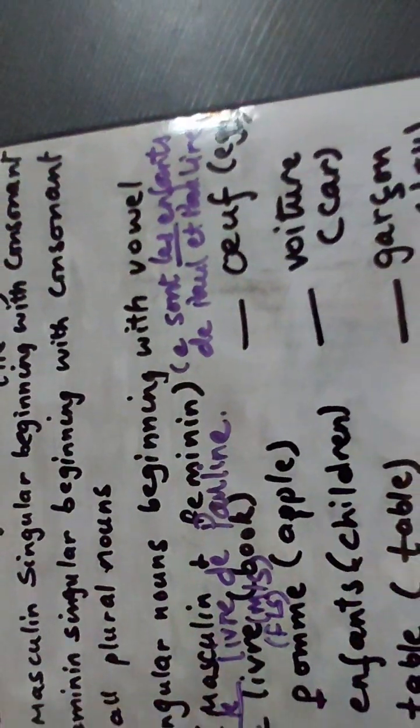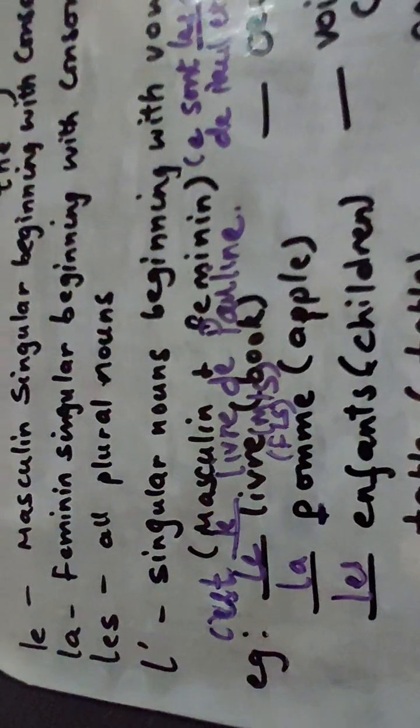Ce sont les enfants de Paul et Pauline. That means these are the children of Paul and Pauline. Because children is a plural noun, we write les, because for all plural nouns we write les before them.